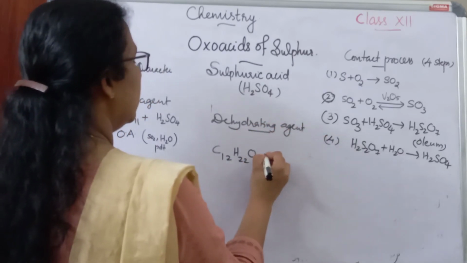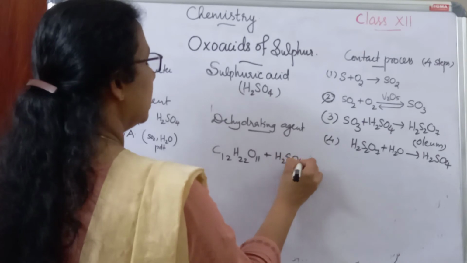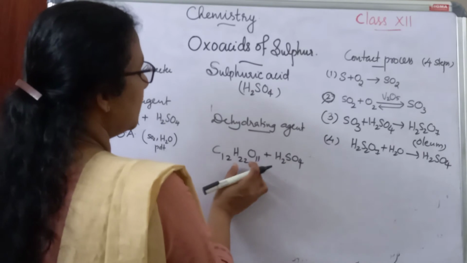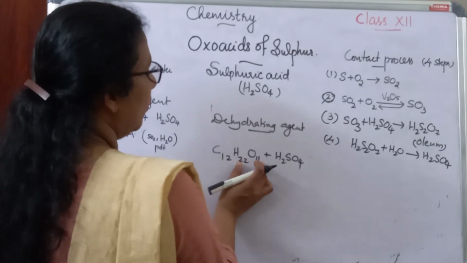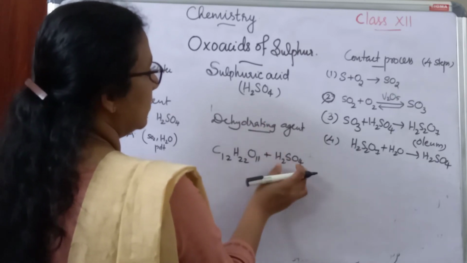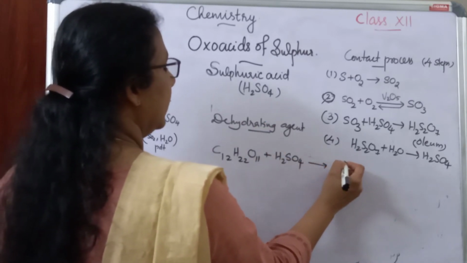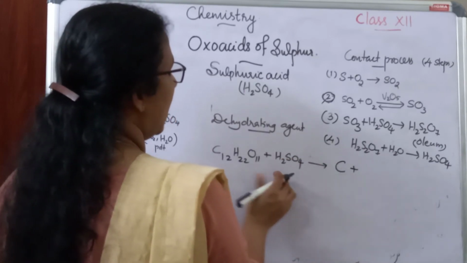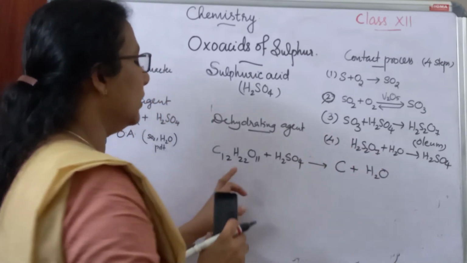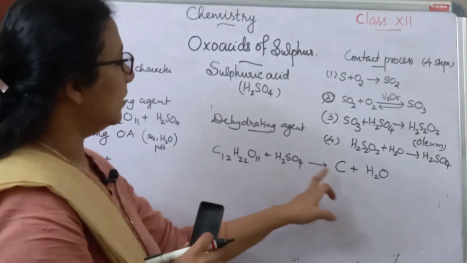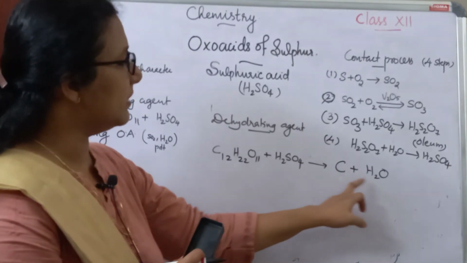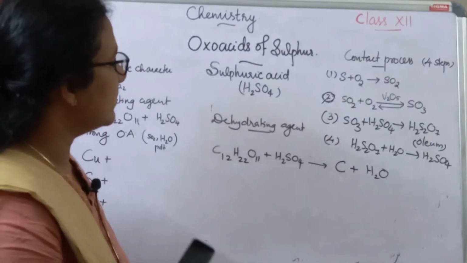Since H2SO4 is acting as a dehydrating agent, it absorbs water molecules from the sugar. All the water molecules will be absorbed by H2SO4 and we will get carbon. That means charring of sugar takes place and carbon is the product. So C plus H2O. You need to balance this equation.